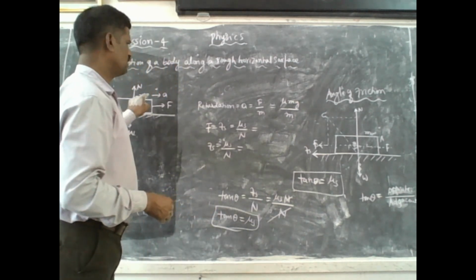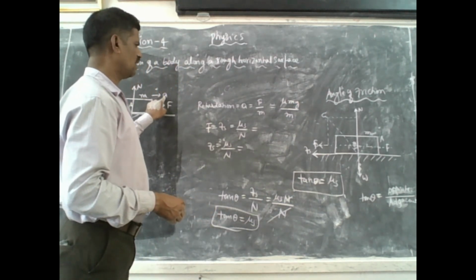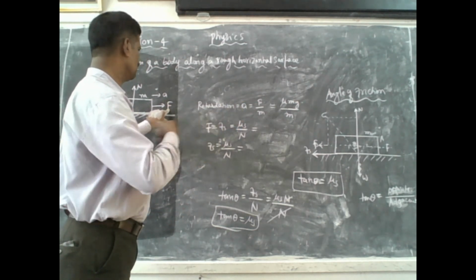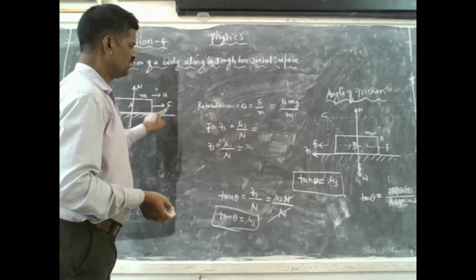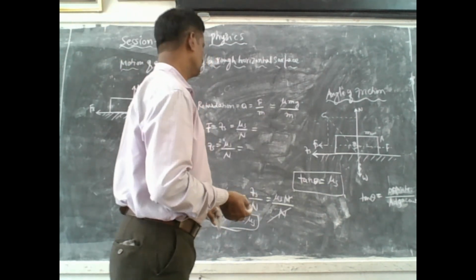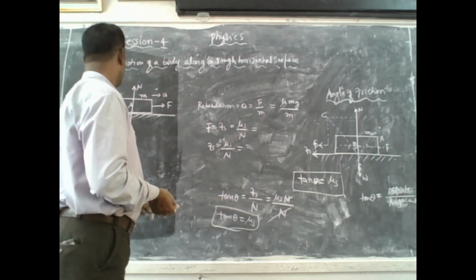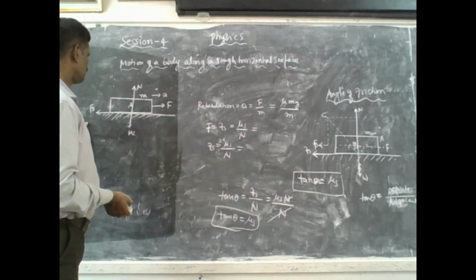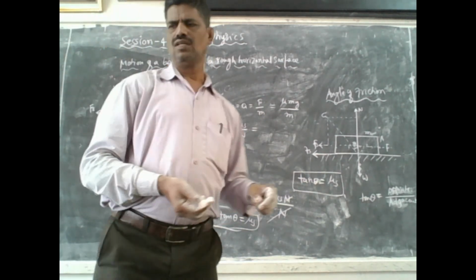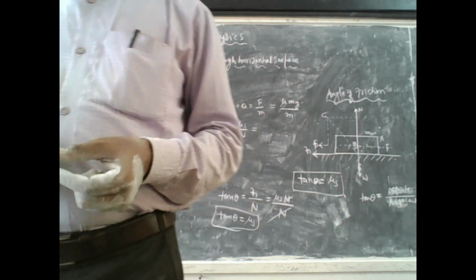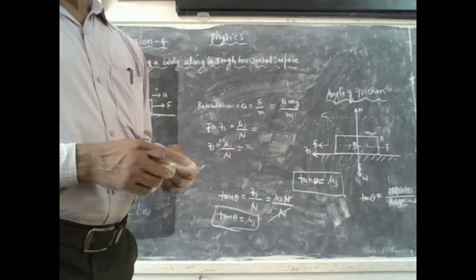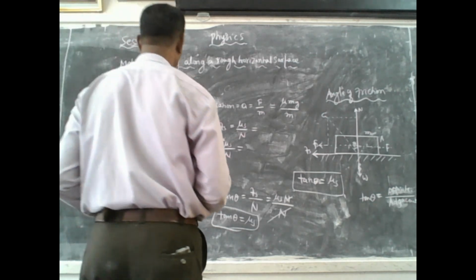Where m is the mass of the block, a is the acceleration of the block, F is the force acting, and mu is the coefficient of friction, isn't it? Therefore the work done against the friction is F into S.